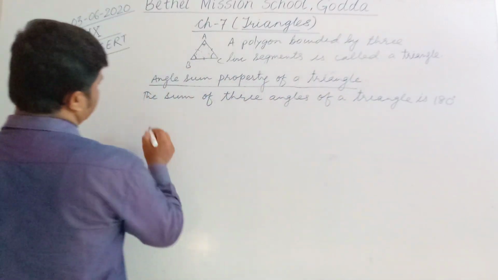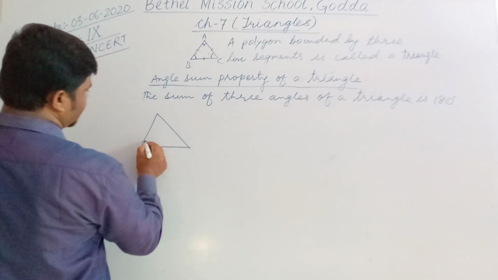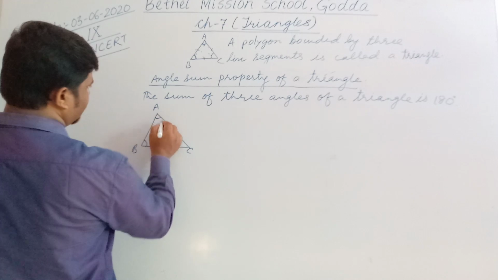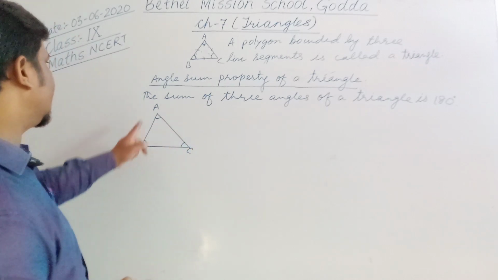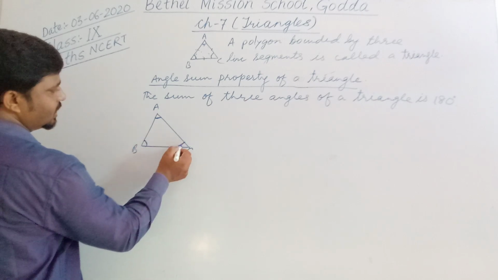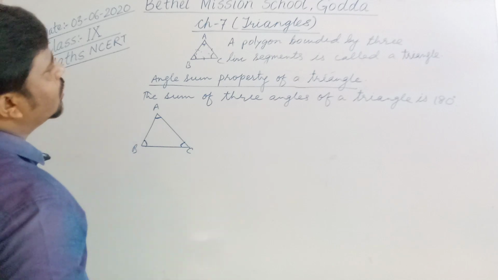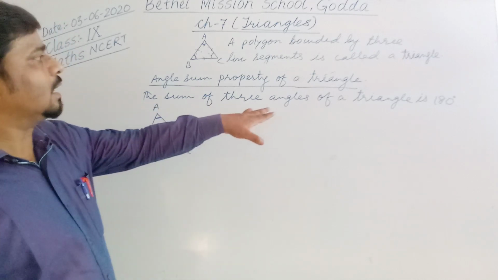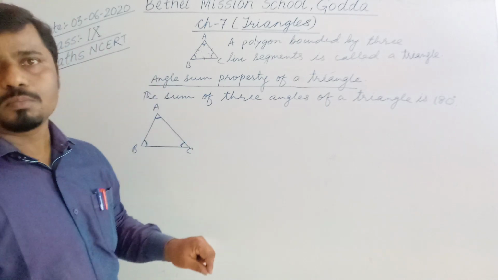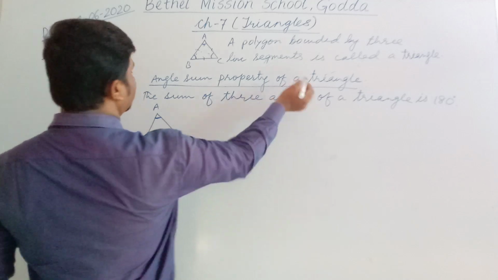You know that in a triangle there are three angles, A, B, C. If the sum of these three angles is 180 degree, on which basis the sum of three angles is 180 degree, that property is called the angle sum property of a triangle.